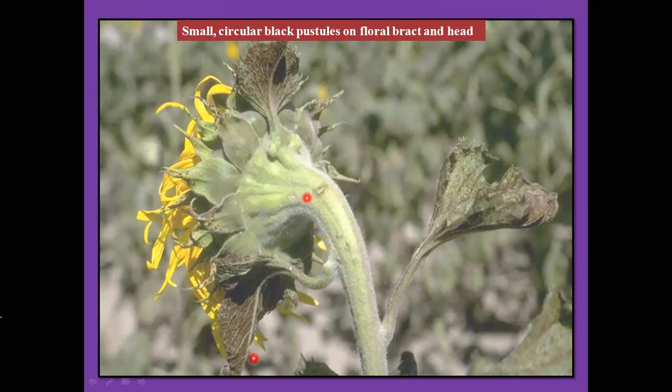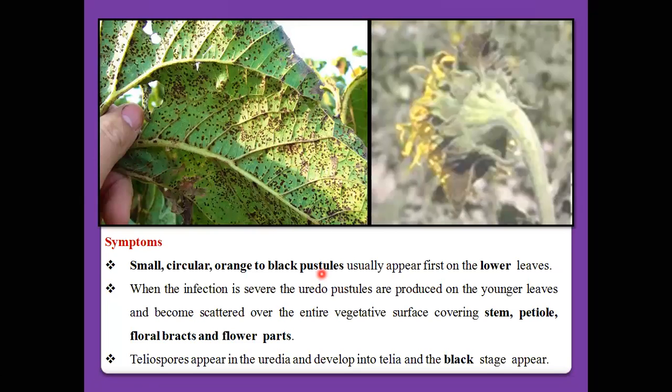Okay, means on the surface of the leaf or floral bract or head portion, small circular reddish pustules are seen, but these reddish pustules turn black in color, means finally they develop the teliospores. So the symptom is the same.